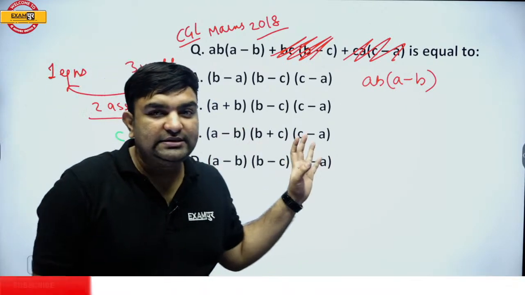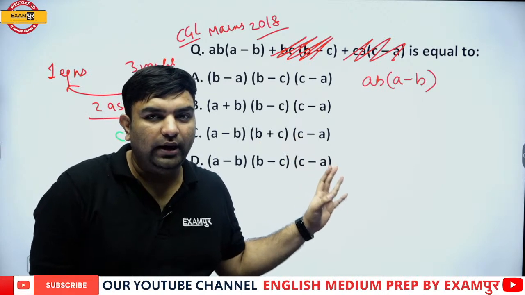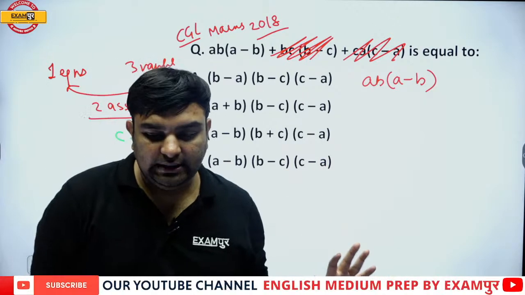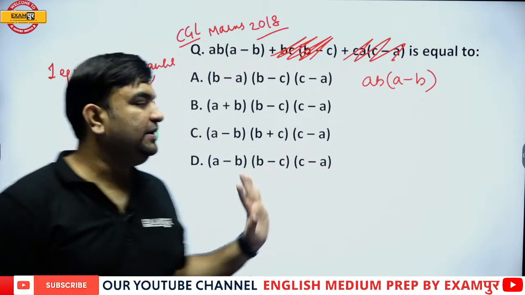So on putting C is equal to 0, whoever will give me AB into A minus B is my answer.